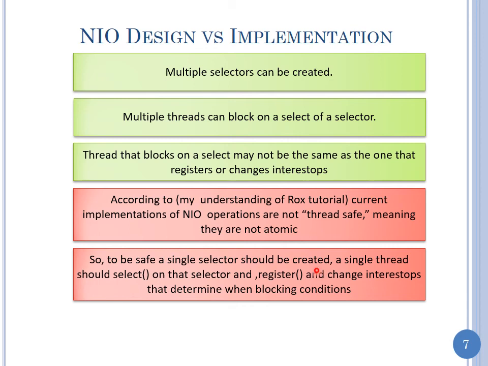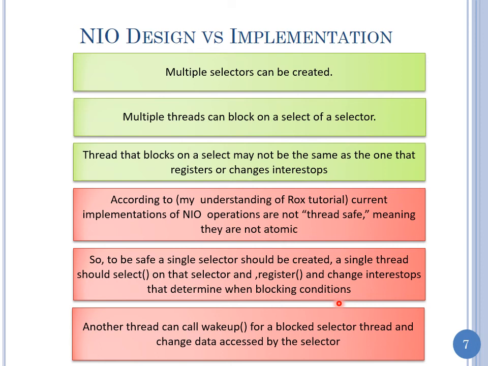Okay, and the select call is powerful enough, the NIO layer is powerful enough, that you don't need more than one selector. Okay, and this is the important one: a single thread should select on that selector and register and change interest ops that determine the blocking conditions. So we need to sort of follow these constraints.